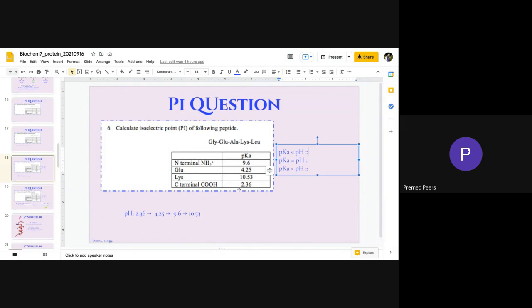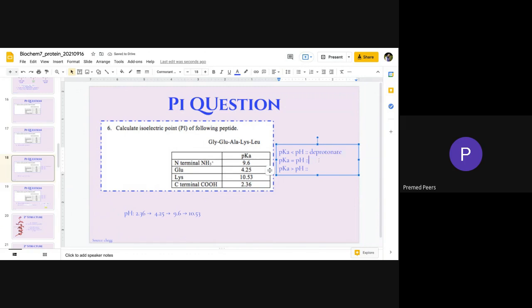Consider the C-terminal carboxylic group with a pKa of 2.36. You can imagine that proton is likely to be deprotonated, because that pKa is below the respective pH. So that means it will deprotonate.